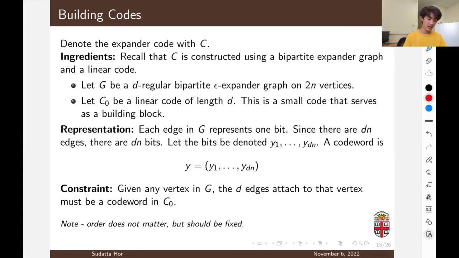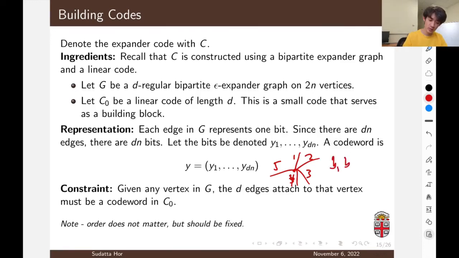And we also want to add a constraint onto each code word. So given any vertex in G, let's say we have d edges attached to that vertex, and we're saying that the bits associated with those edges will have to be a code word in C naught.